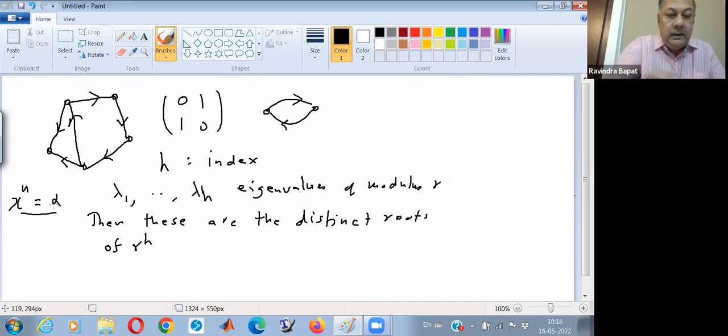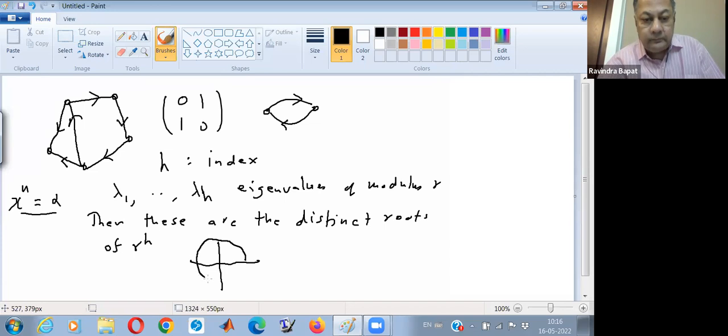What it is saying equivalently is that if you again go back to that picture of eigenvalues, and if this is the spectral radius, and if h is the index of imprimitivity, then the roots are symmetrically located. So the other roots are like the vertices of a polygon, because other roots cannot be arbitrary. So this is not a good picture, but those are the distinct roots of R to the h.